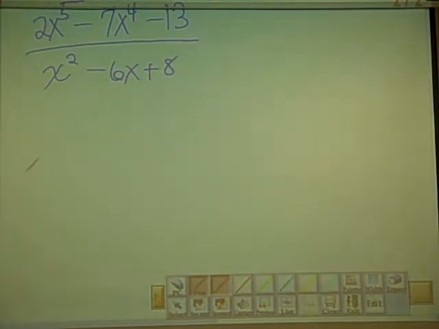So we're going to put our divisor, x squared minus 6x plus 8, in here.